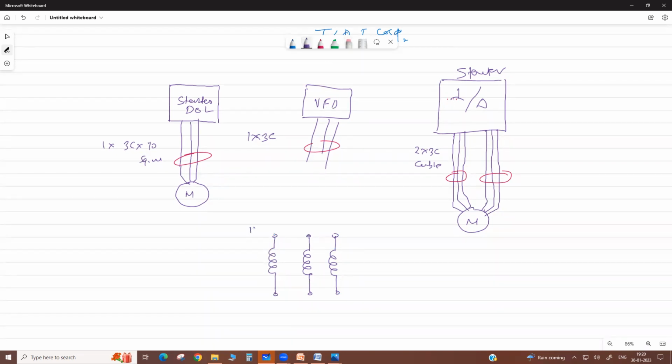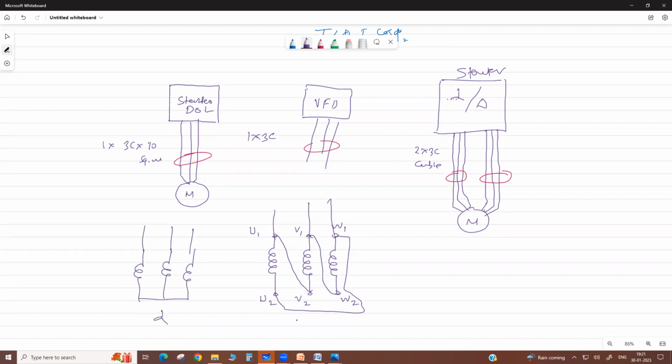So it is U, V, W, and this is U1, V1, W1, and this is U2, V2, W2. If they connect in delta, starting end to finish end, starting end to finish, starting end to finish, and we give the supply here like this. Or if they are in star, we short these and give the supply here. So this is star connection, and that is delta.